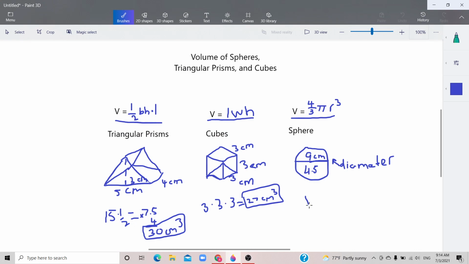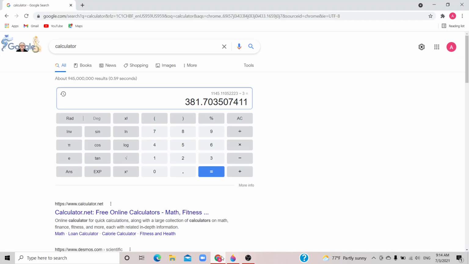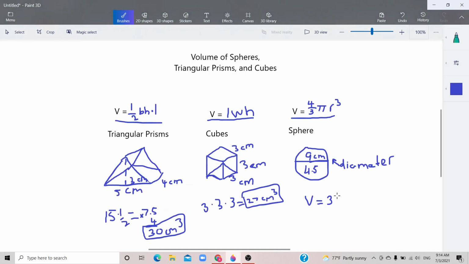So we get volume 381.70. And yeah, that's how you calculate volume for triangular prisms, cubes, and spheres.